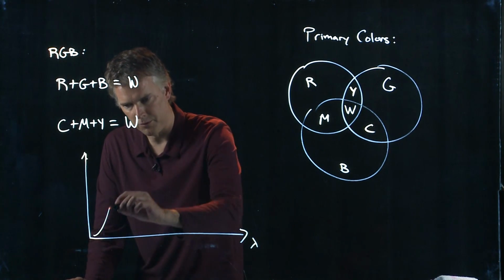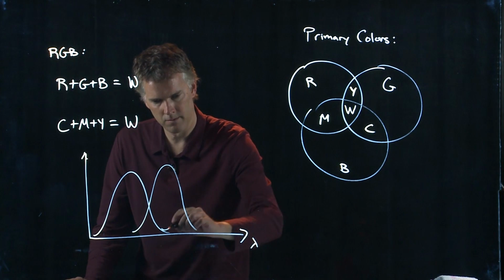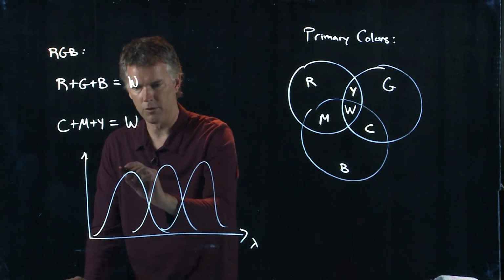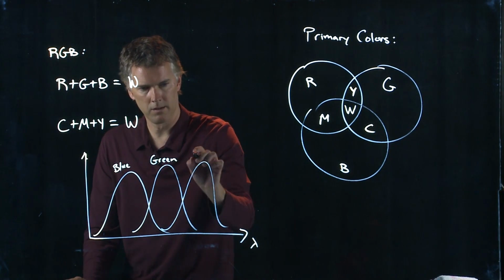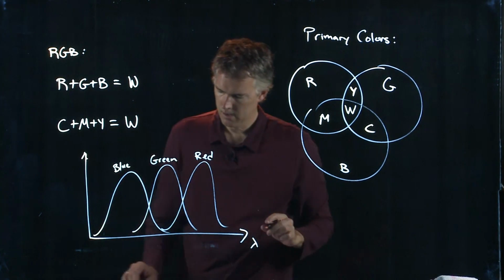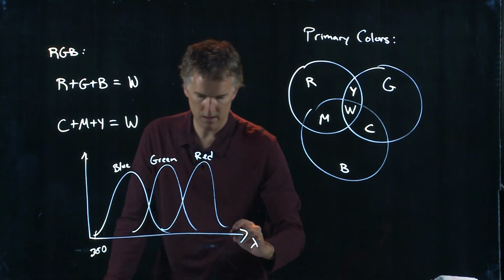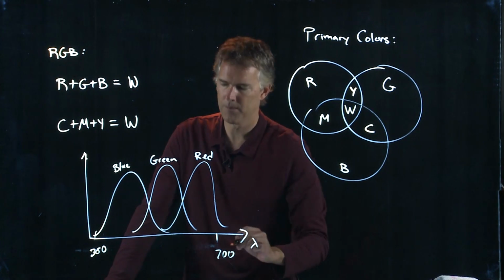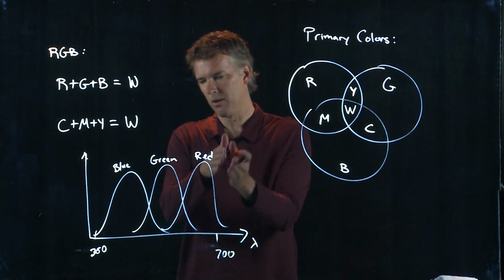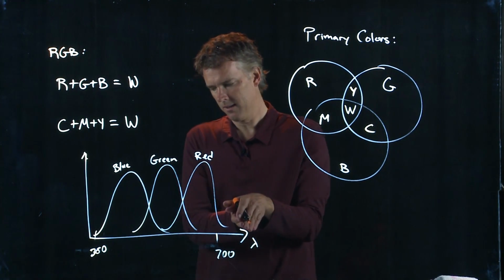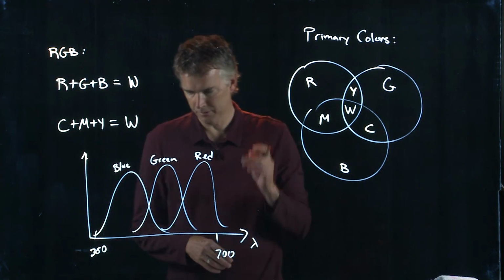They're actually sort of distributed regions. Okay, and so this first one is blue, and this one is green, and this one is red, and this is maybe 380 nanometers down here, and this is 700 up there. But there's some overlap in those regions, okay? There's some tails on either end, and so when you start mixing, you can take advantage of those overlaps.